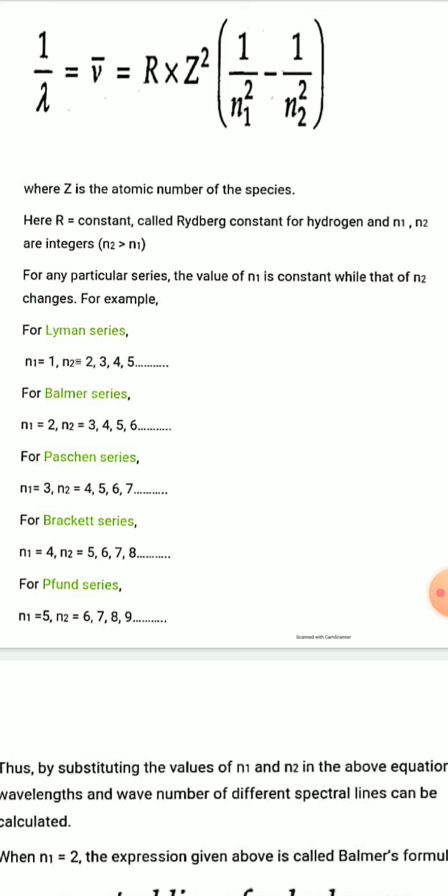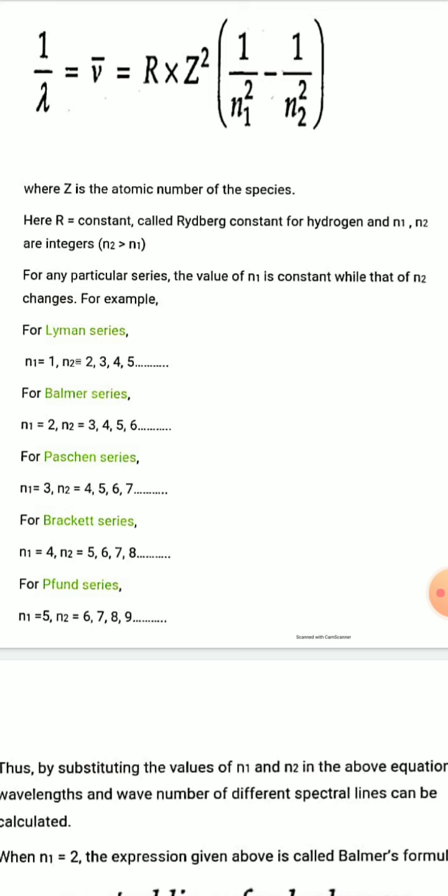So in case of the line spectrum of hydrogen, or atomic spectrum of hydrogen, there are a total of 5 series. One is the Lyman series. In case of the Lyman series, electronic transition occurs from n2 equal to 2, 3, 4, 5, 6, 7, 8 to n1 equal to 1. In case of the Balmer series, electronic transition occurs from n2 equal to 3, 4, 5, 6, 7, 8, 9, etc. to n1 equal to 2.